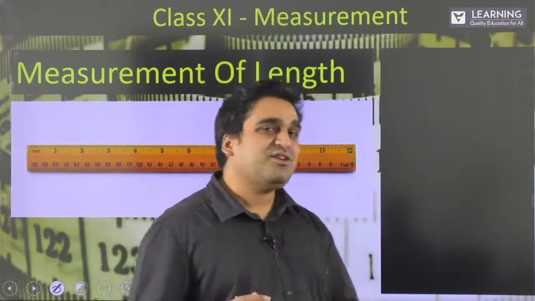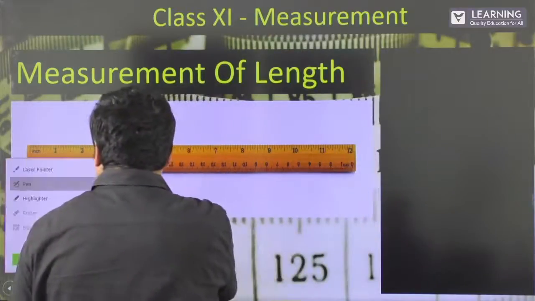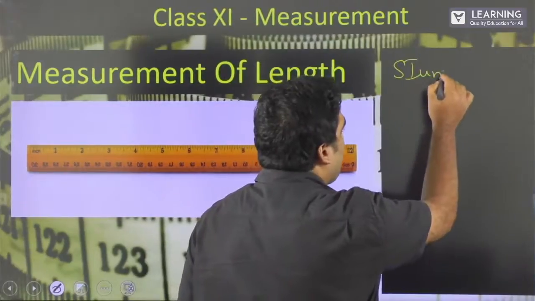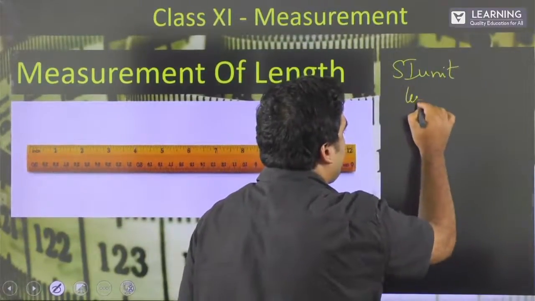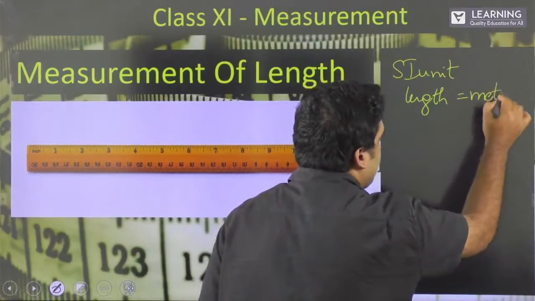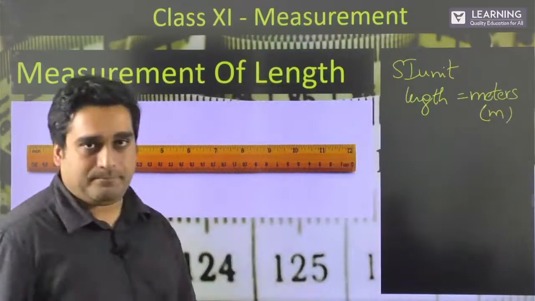So the SI unit of length, let me change the color to yellow, SI unit of length is meters, given by the small letter m.